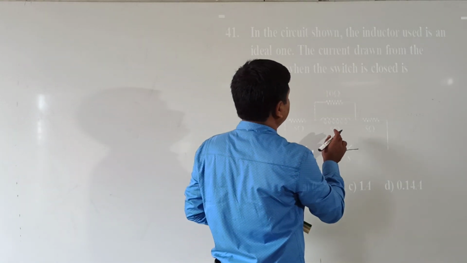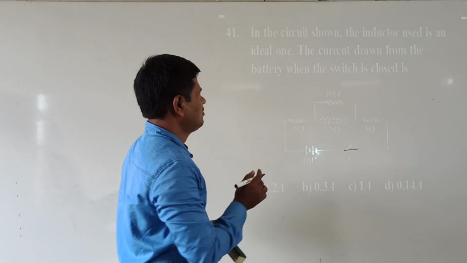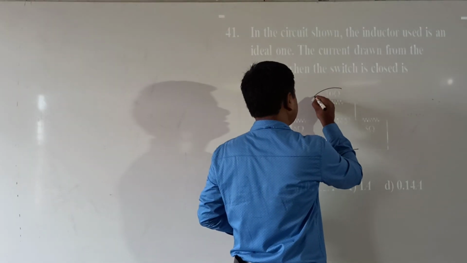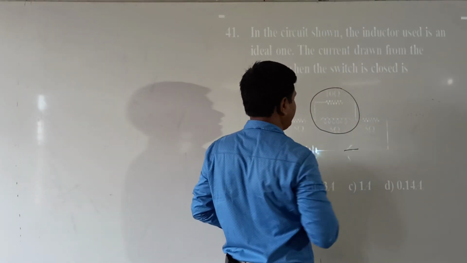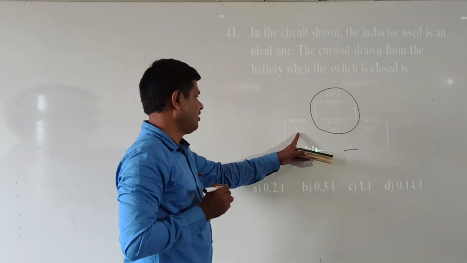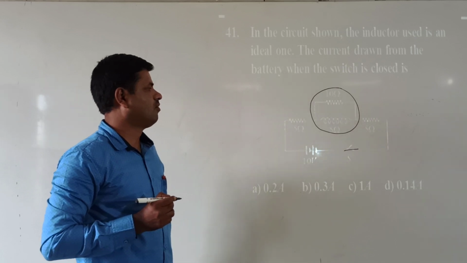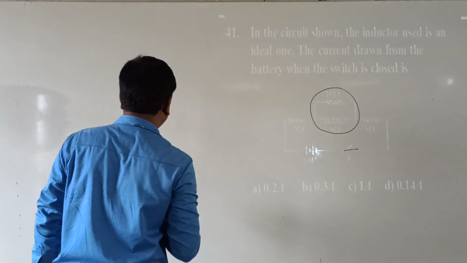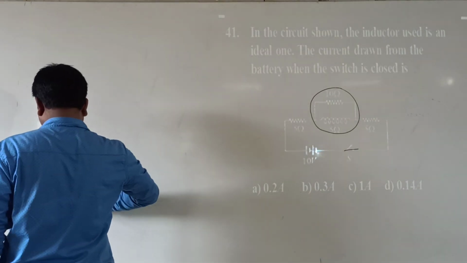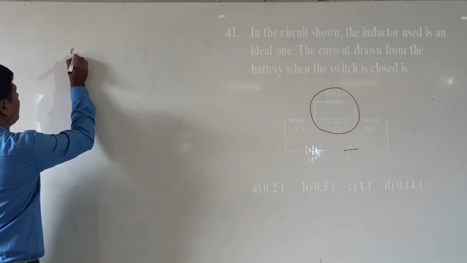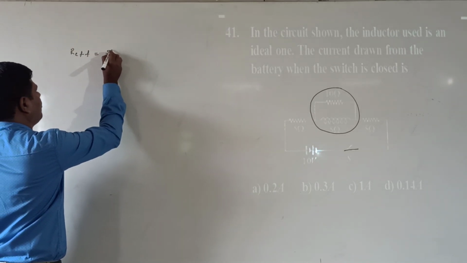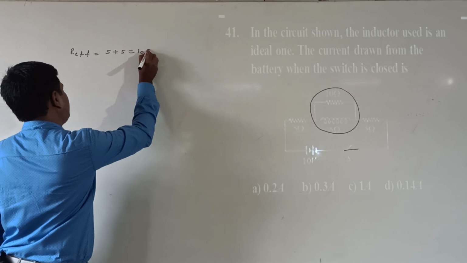Now the inductor is ideal here, so there is no current flowing in this resistance. Only two 5 ohm resistances are there, and the EMF is 10 volts. The resistances are in series combination, so effective resistance R effective is equal to 5 plus 5 is equal to 10 ohm.